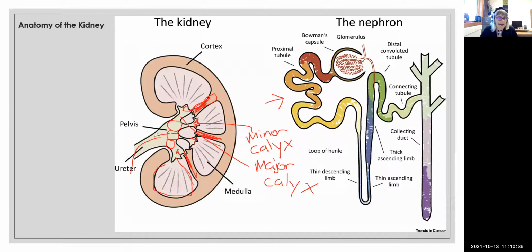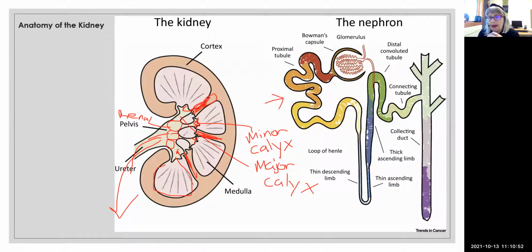And then the next step is the renal pelvis. So hard to spell it out here with my pen. And then finally, it goes out the ureter. So what goes out? That's the urine.